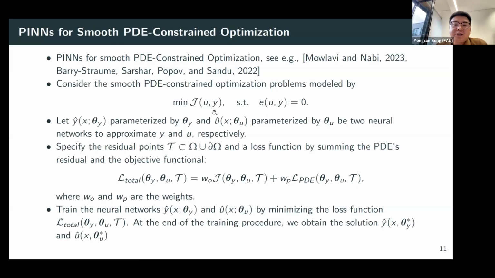So we use two different neural networks to approximate u and y, and then minimize the total loss to train these two neural networks. The idea is very similar to PINNs for PDEs. Another idea of PINNs for solving PDE-constrained optimization is to first derive the first order optimality system of the PDE-constrained optimization, and then apply PINNs to solve this first order optimality system. We will present this idea in the following discussion.